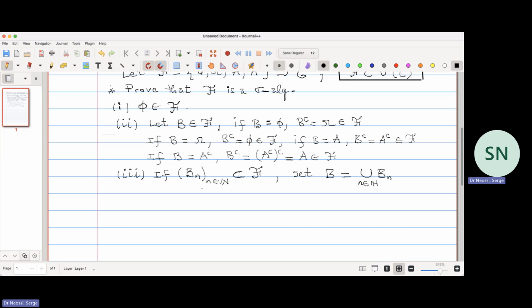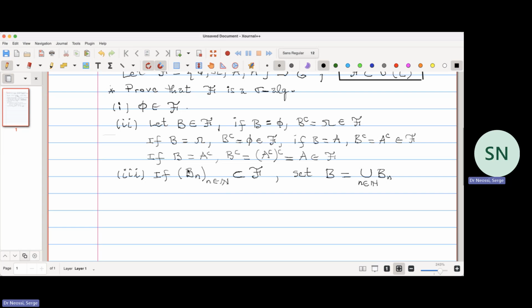Okay. Since we have a countable union, in our case, our countable union will actually be finite, because F is a finite set. So there are terms of this sequence that will repeat, because a sequence has infinitely many terms.